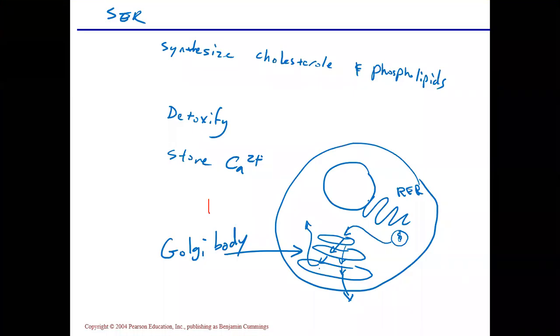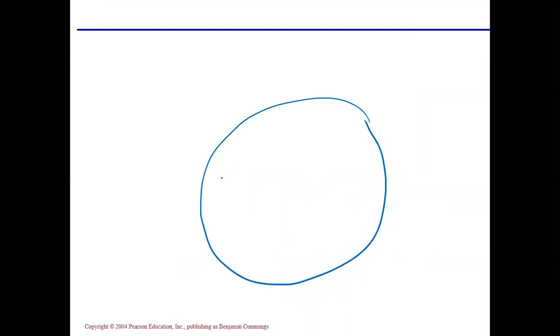We're almost done. So the next organelle I would like to take a look at is lysosome. All right. Let me go to the new page. In a cell, sometimes there's a circular structure with digestive enzyme inside, and this is called lysosome.